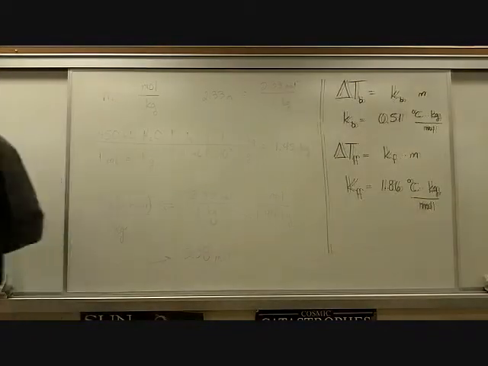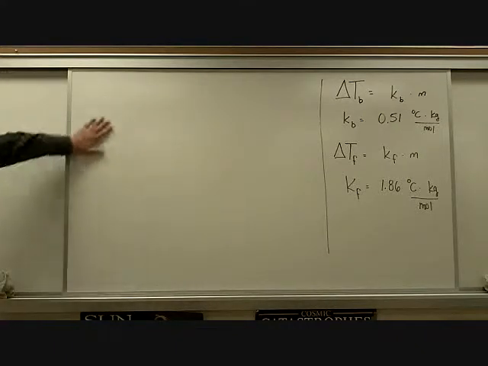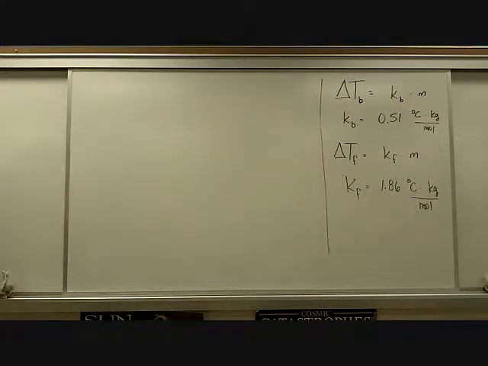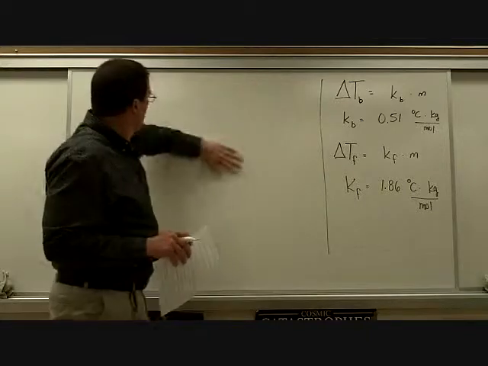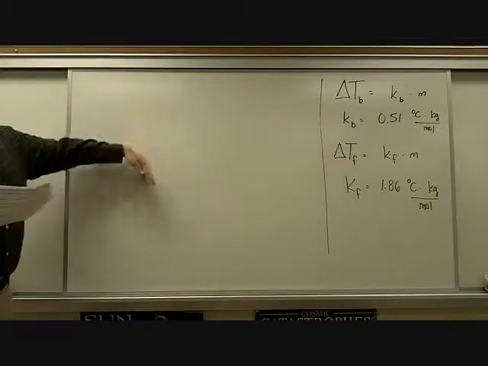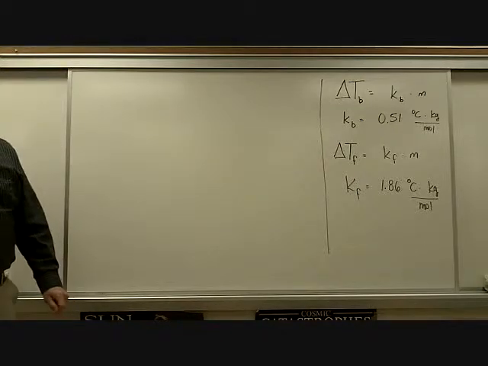The second one says, how many grams of magnesium carbonate are there in a 0.25 molal solution made with 850 grams of water? First of all, probably the first thing we should do is write out the formula for magnesium carbonate.